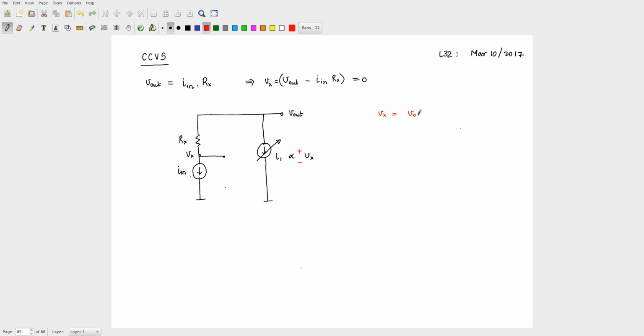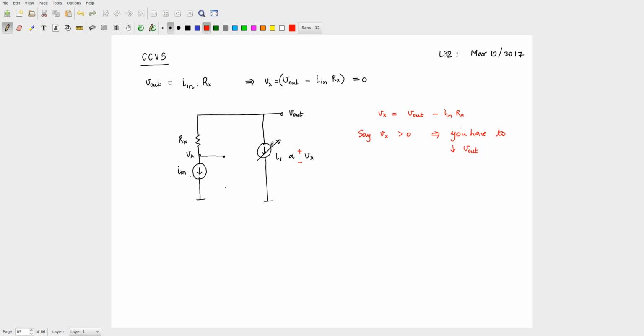Vx is V out minus I in Rx. Assume that Vx is greater than 0. What does that mean? It means you have to decrease V out. What will happen if I1 is proportional to minus Vx?